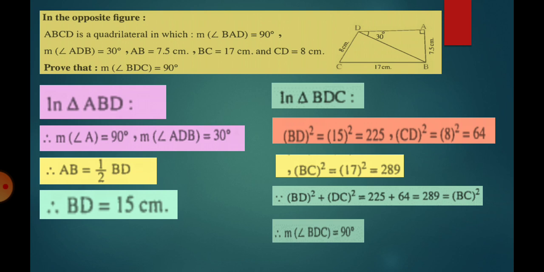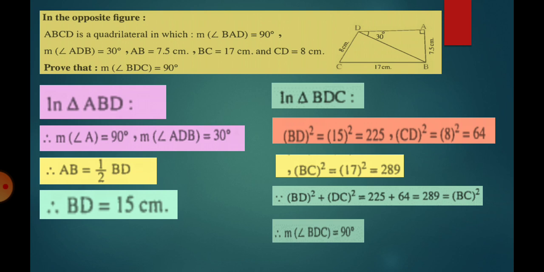Today we studied the converse of Pythagoras, and we revised the Pythagoras theorem in a right-angled triangle. If we know the measure of an angle equals 90 degrees and we know the lengths of two sides, we can find the third side. If we want to find the length of the hypotenuse, we find the sum of the squares of the two sides, then we find the square root.